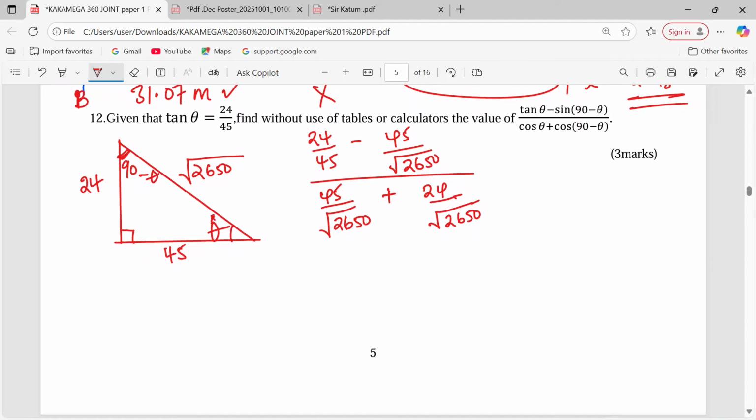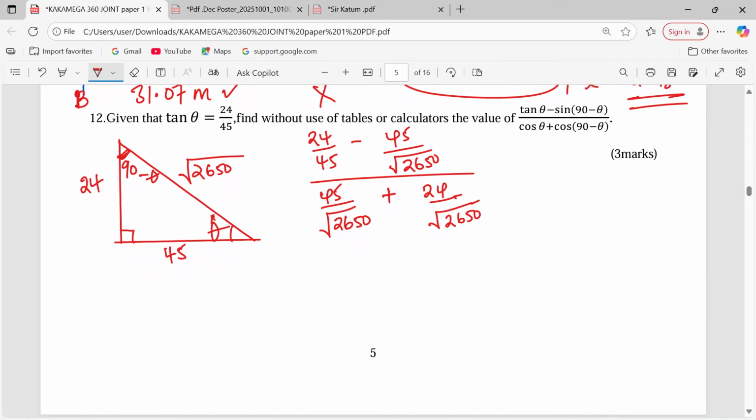So let me check now. 24 out of 45 minus 45 out of the root of 2650. This will give me a negative.